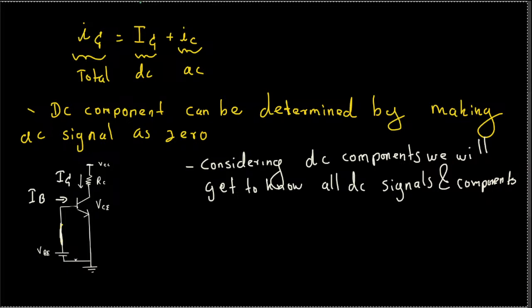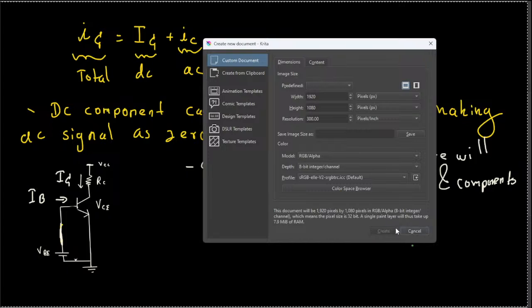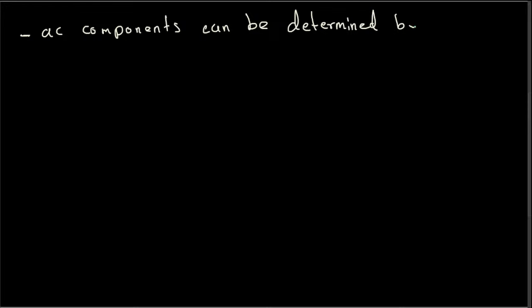And for the AC components, similar to this, I can paste it in the next one, but let's mention it first. So AC components can be determined by eliminating DC signals.